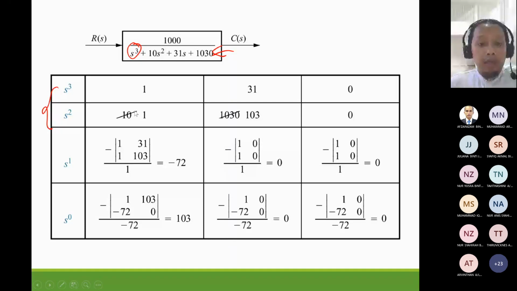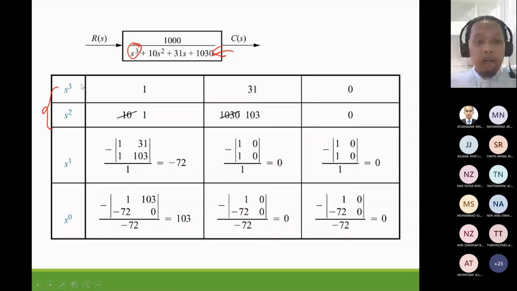When you factorize 10, the second row becomes 1, and then 1030 becomes 103. But you can choose not to simplify. The answer will be the same. Whether you simplify or not, the answer will be the same.